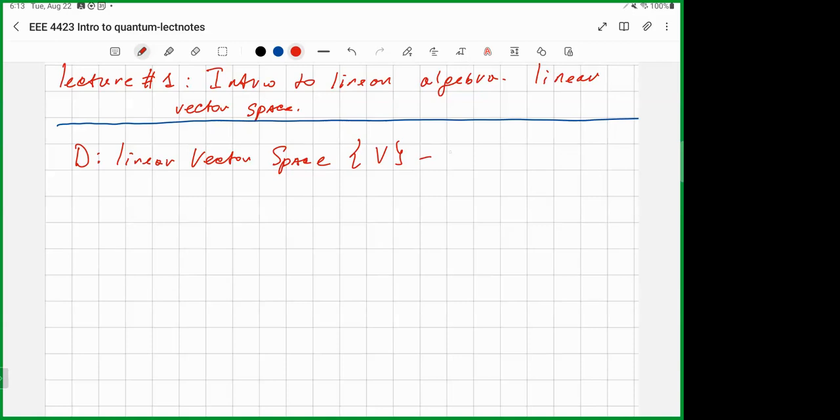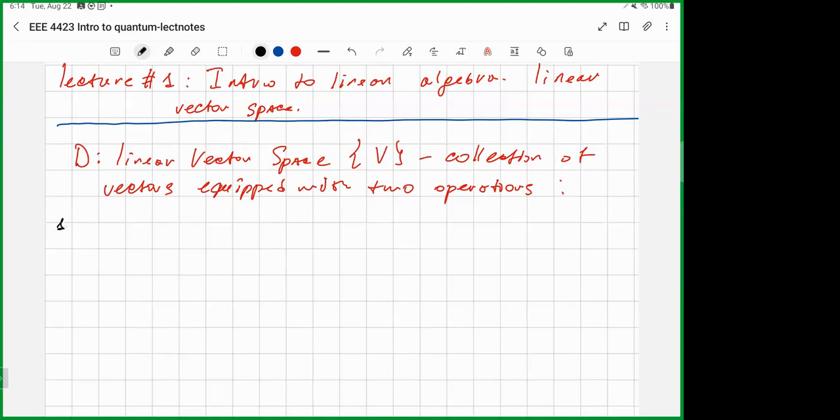So the linear vector space is a collection of vectors equipped with 2 operations. And now in black, the first operation is vector addition.